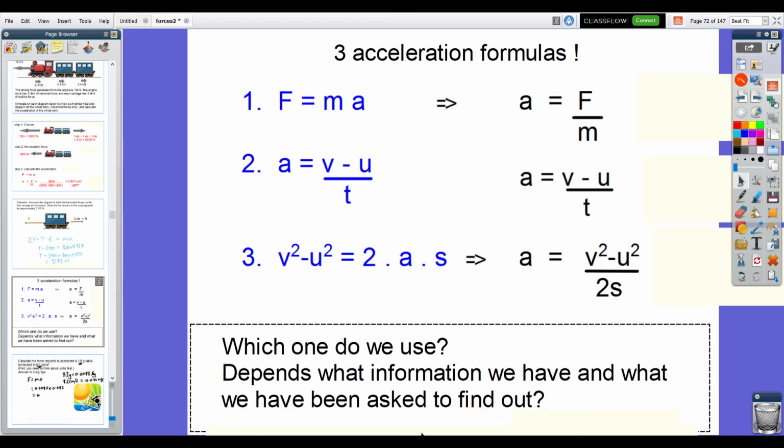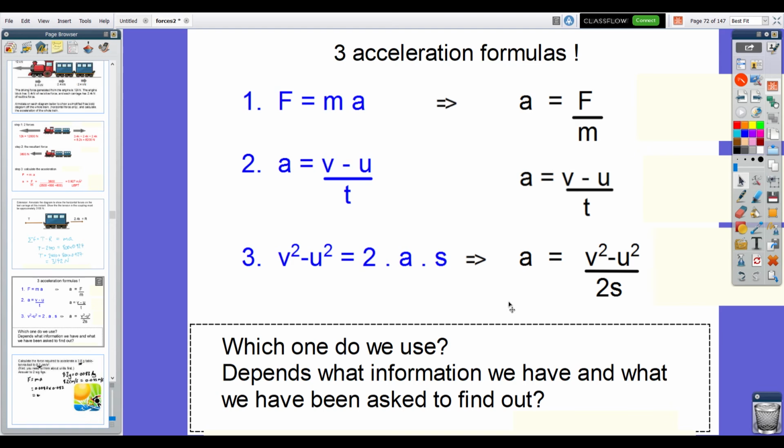It depends what you've been asked for, and it depends what information we have. So that is really the skill when you're looking at questions in physics. You're trying to think, what information have I been given, and how am I going to go about finding the answers? Obviously, in a GCSE question, you're always going to be given enough information to get to the answer.